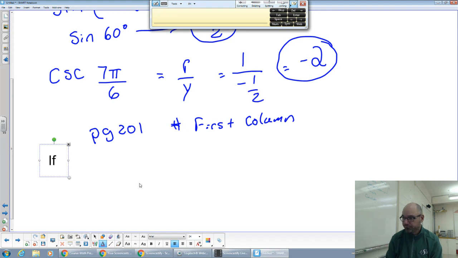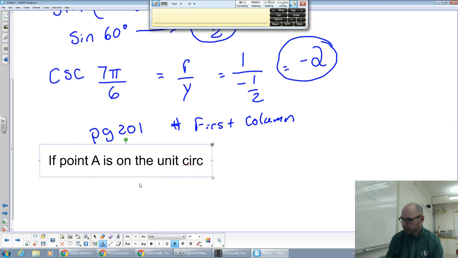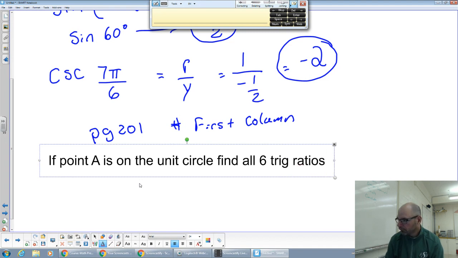If point A is on the unit circle, find all 6 trig ratios given its coordinate.